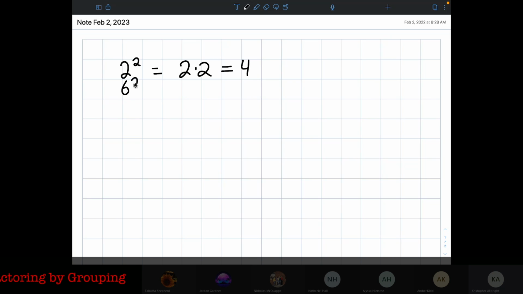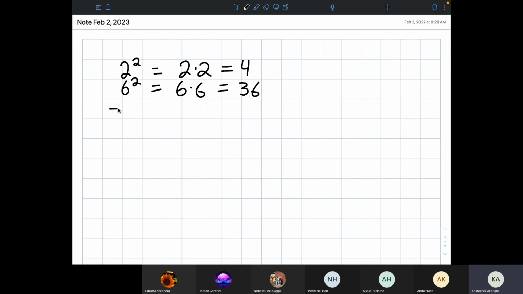And if we had 6 squared, 6 times 6 equals 36. Well, what if we had -2 squared? That is still going to give us -2 times -2, which is 4. So we're always going to get a positive number, even if this number is negative.